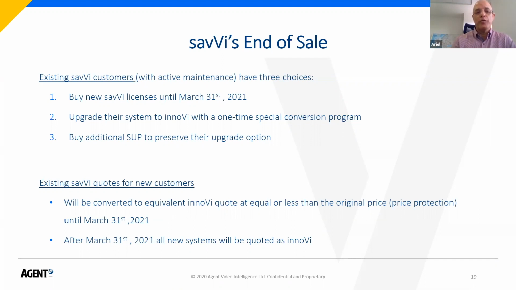That means that if you have today a project, let's say of 50 cameras where you already quoted your customers with SAVI, we will give you for the same quote, innoVi at the same price. There is, of course, a consideration on the hardware because the hardware for innoVi and for SAVI is different, but at least in terms of the licensing cost, we will respect this quote until March 31st, 2021.